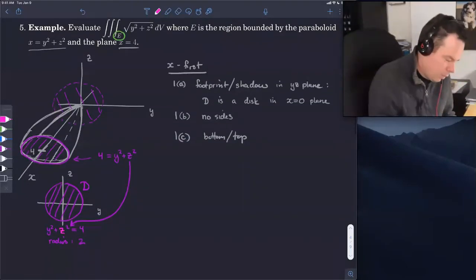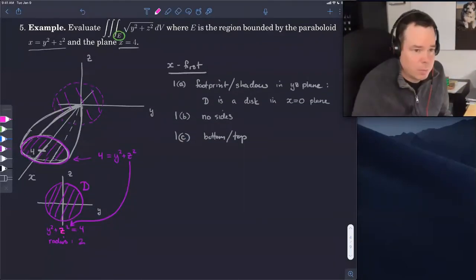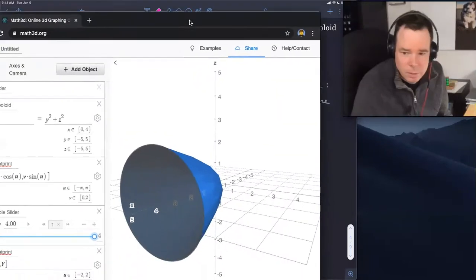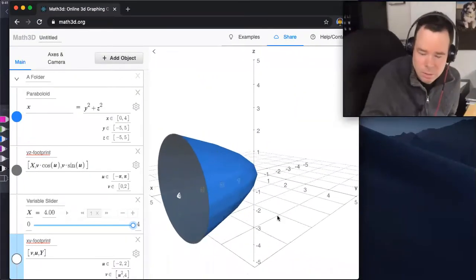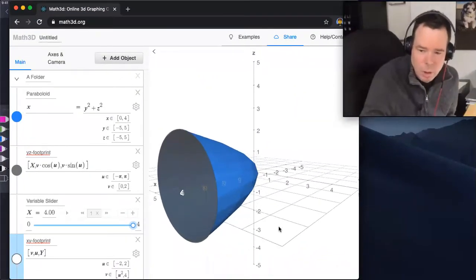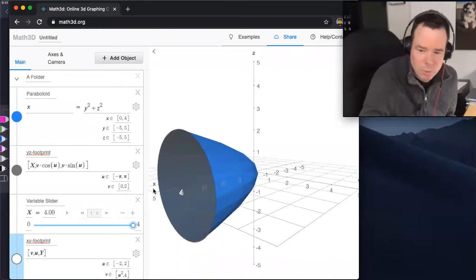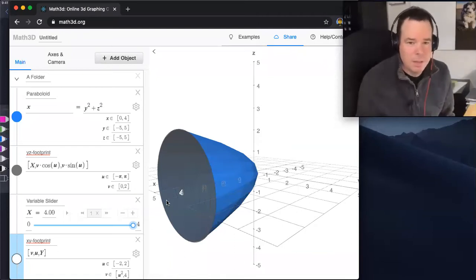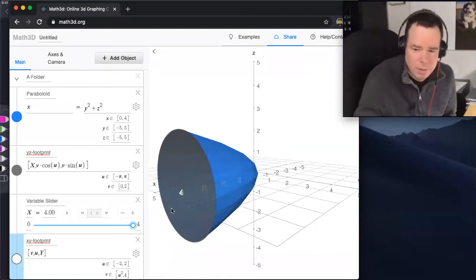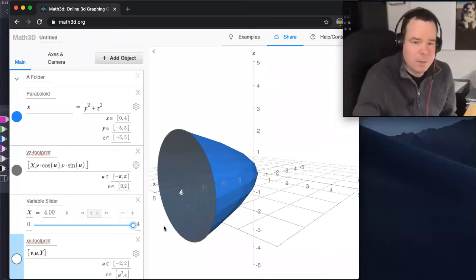Okay, so what about the bottom and the top? I'm going to drag our object across. So bottom, top, those are all relative to the x direction, because that's the direction we're integrating with respect to first. So we're talking about what is the bottom in the x direction, what is the top in the x direction. And top always means there are higher x values, so the x values are larger.